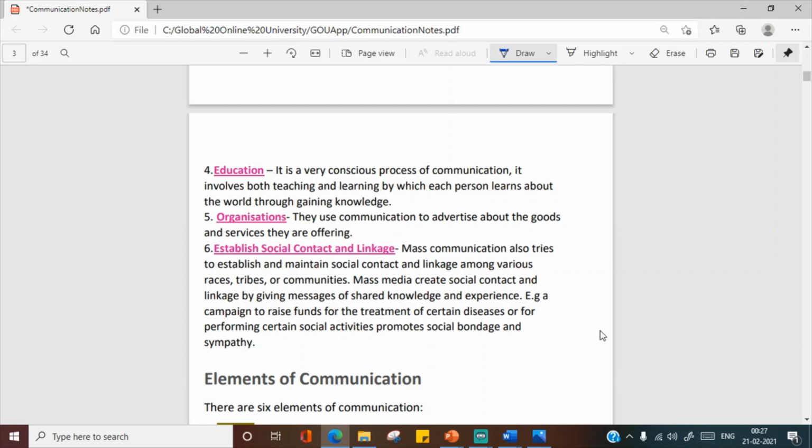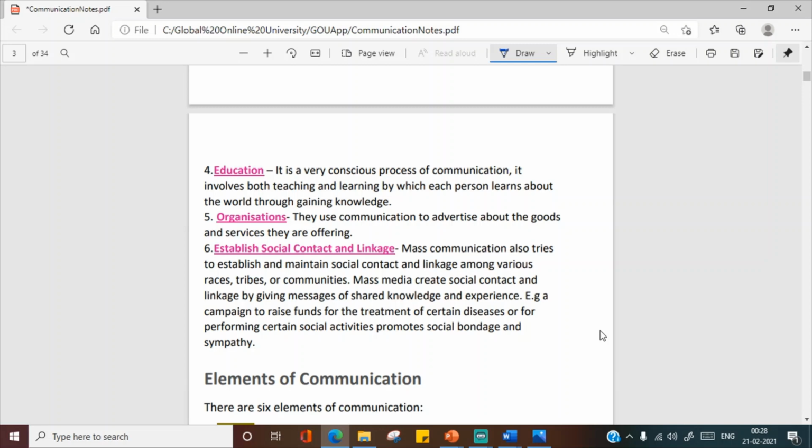Communication is one of the most important means of transferring knowledge into a child, or even into adults. If you want to teach an adult, communication is also going to come into role.